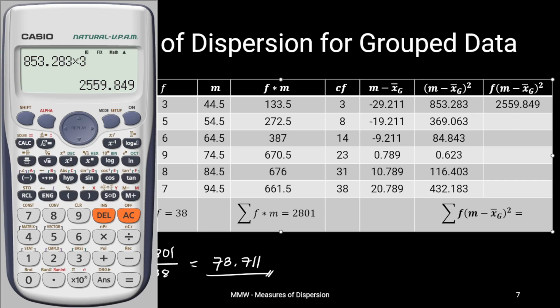Next, we have 5 times 369.063. So that is 1845.315. Okay, next. So we have 6 times 84.843. So that is 509.